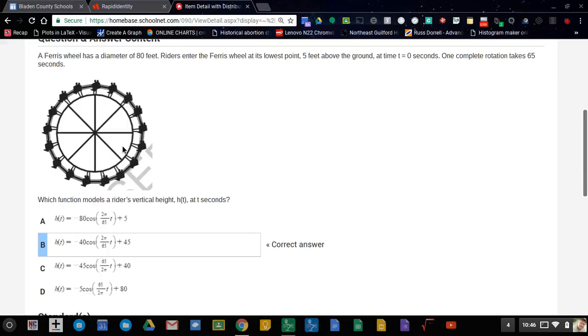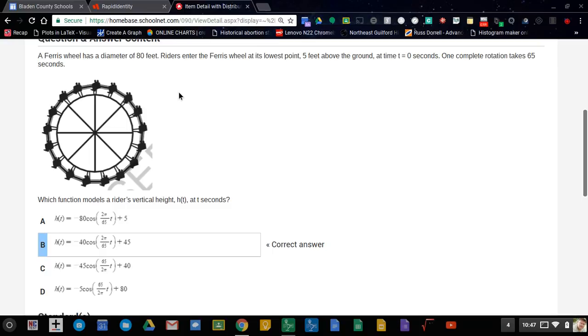All right. Okay, guys, this problem is your classic Ferris wheel problem. No, I can't guarantee that you'll see this problem on your test, but when you have a person on a Ferris wheel and they're rotating, the function that defines the height versus time is your trig function, either sine or cosine.